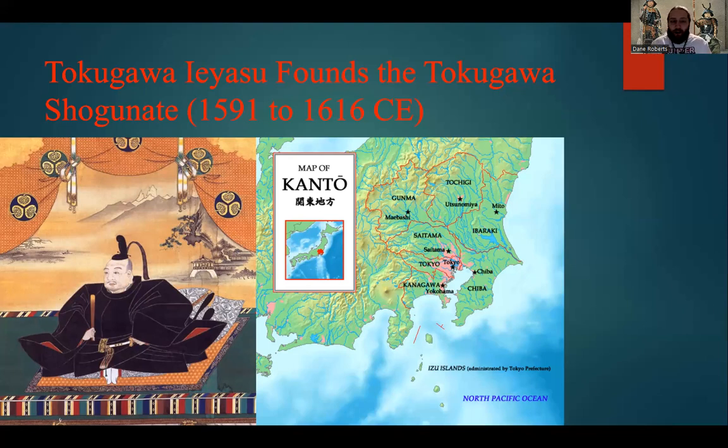Right now, we're going to talk about the final daimyo of this period, Tokugawa Ieyasu, who was one of Toyotomi Hideyoshi's and also one of Oda Nobunaga's best and most loyal generals.